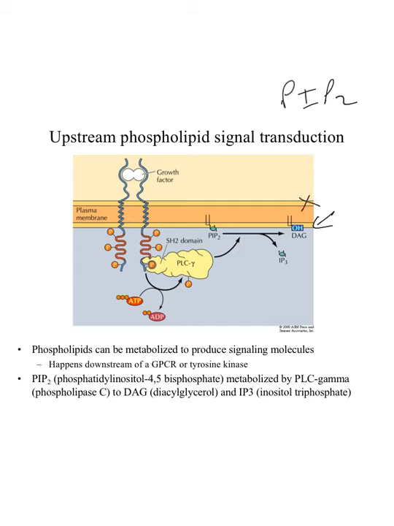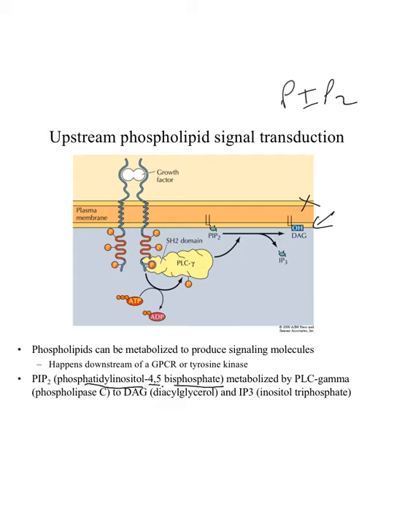We only see it in the inner leaflet. And it plays a role in some really important signal transduction pathways. PIP2 stands for phosphatidylinositol 4,5-bisphosphate.